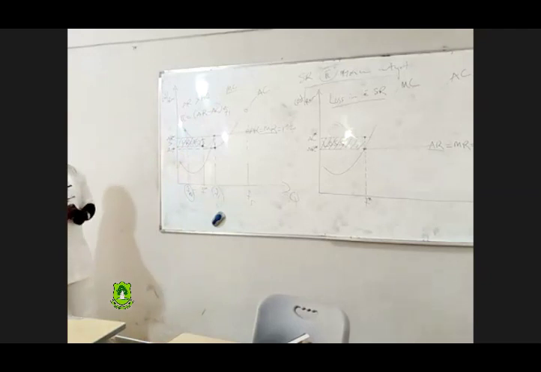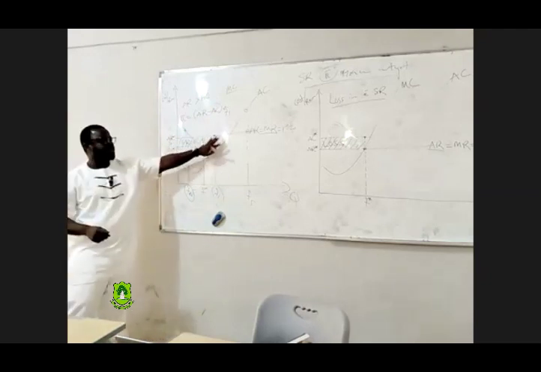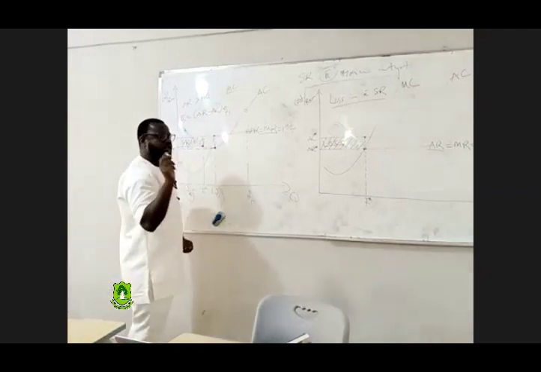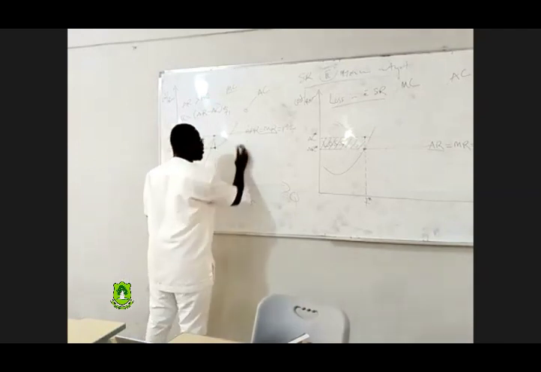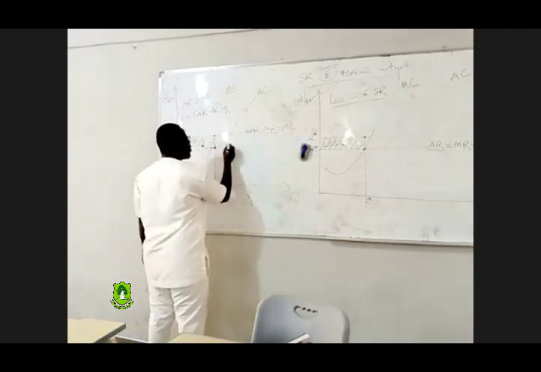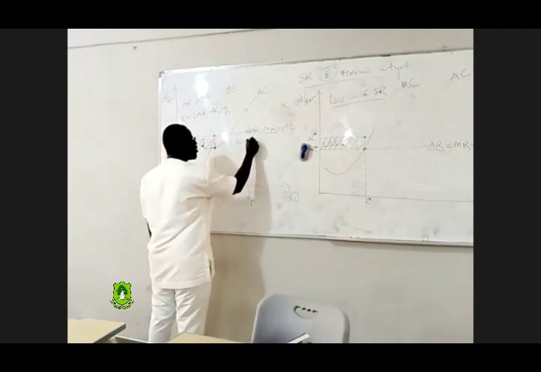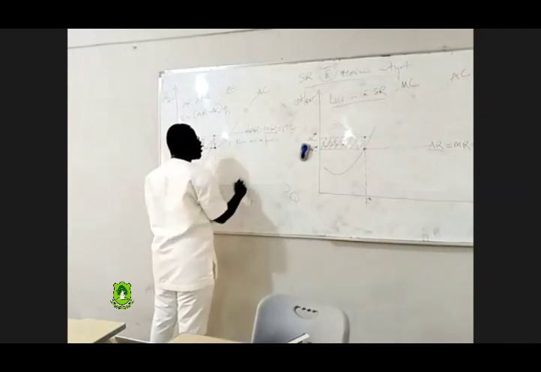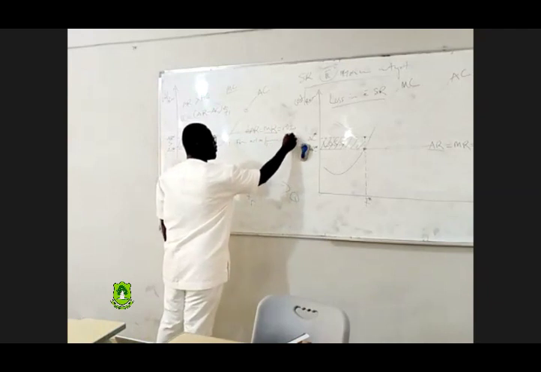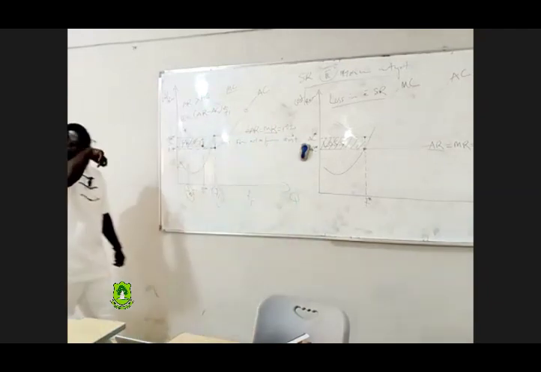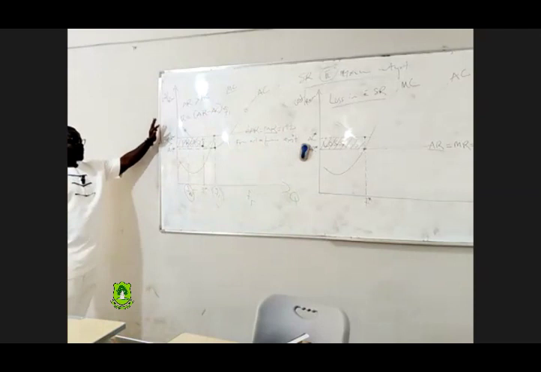So remember, we said in the conditions that for a perfect competitive market, we are talking about free entry and free exit. In the short run, you are making profit.